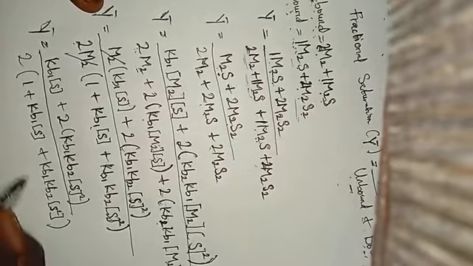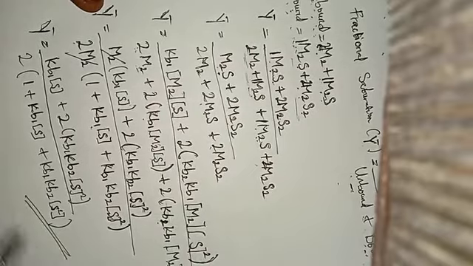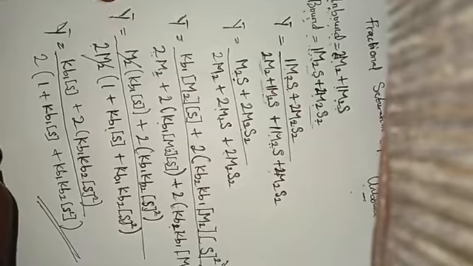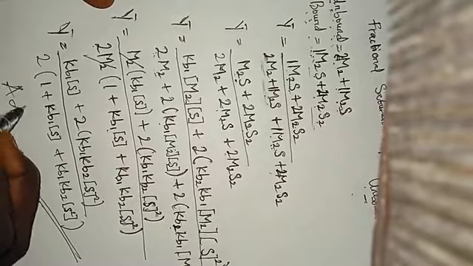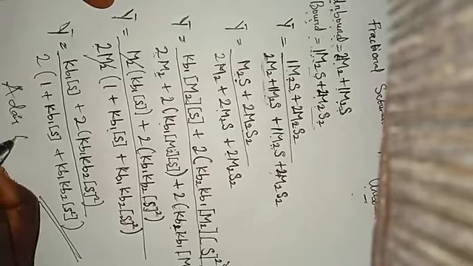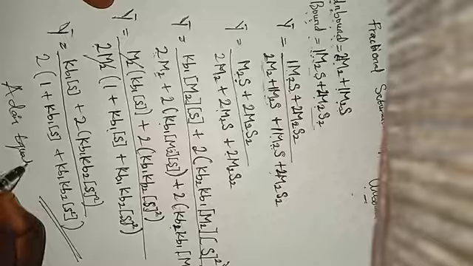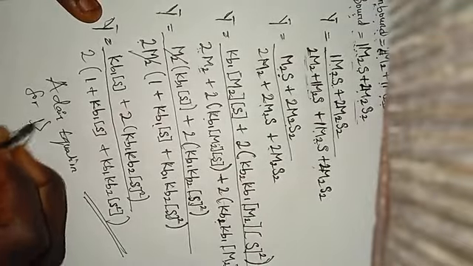So this is our Adair equation for a dimeric protein.